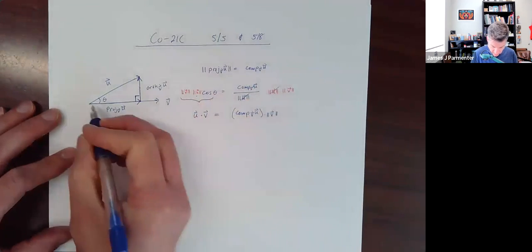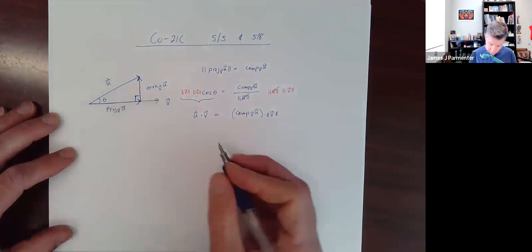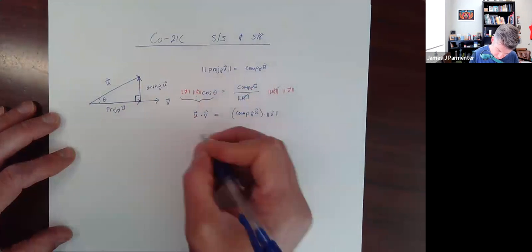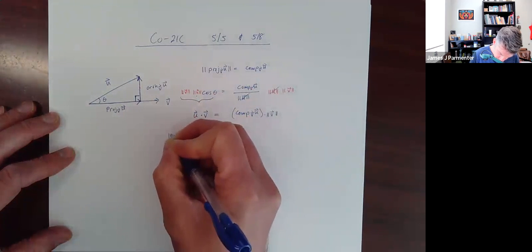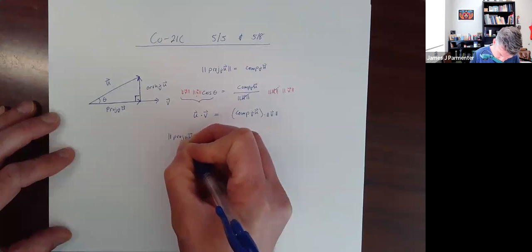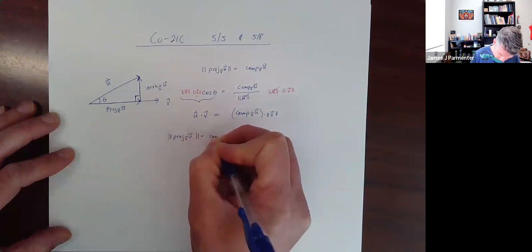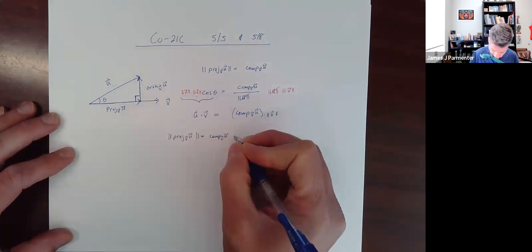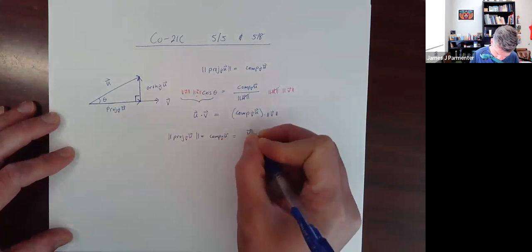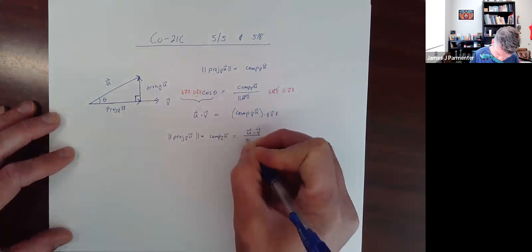So the length of this vector, the component of u onto v, is just u dot v divided by the magnitude of v. So the magnitude of the projection of u onto v, which again is just the component, I really don't know why we use this name, I don't particularly love it, but it is what it is, is just u dot v divided by the magnitude of v.